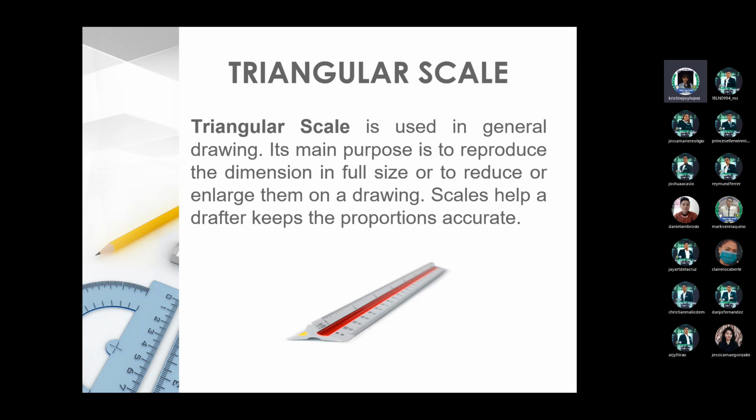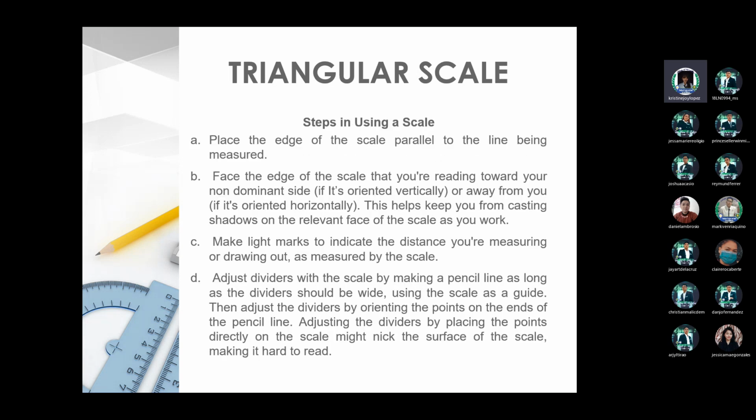So we have here the steps on how to use a triangular scale. The first one is to place the edge of the scale parallel to the line being measured.